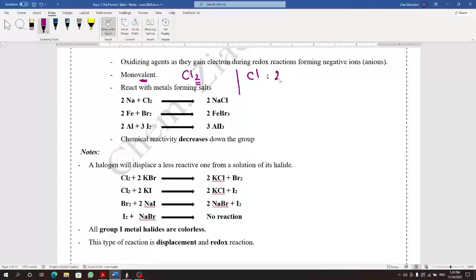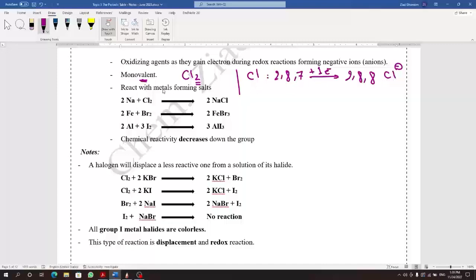Chlorine is 2,8,7. In a chemical reaction, it gains one electron, forming a chloride ion or an anion. It's a negative ion, and we've talked about why these are negative: because the amount of negatively charged electrons is greater than the amount of positively charged protons.